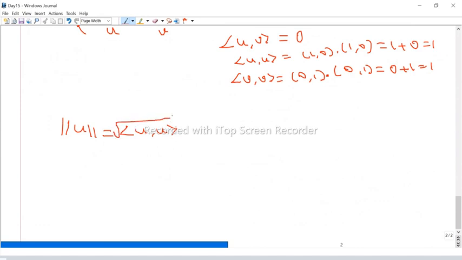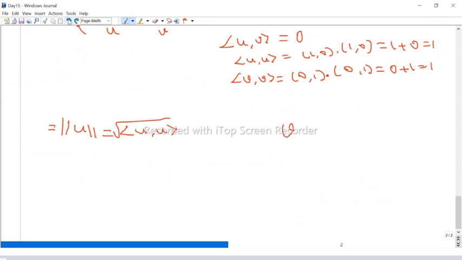If the norm equals 1, then the inner product of u comma u is 1, because taking the square root on both sides gives 1.